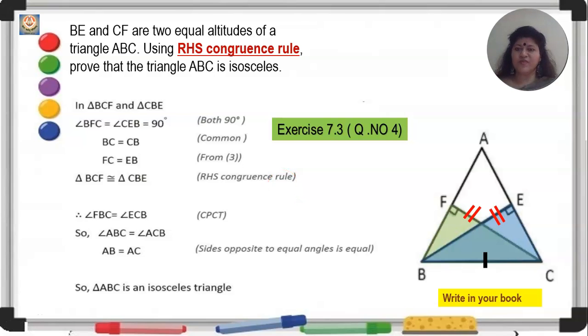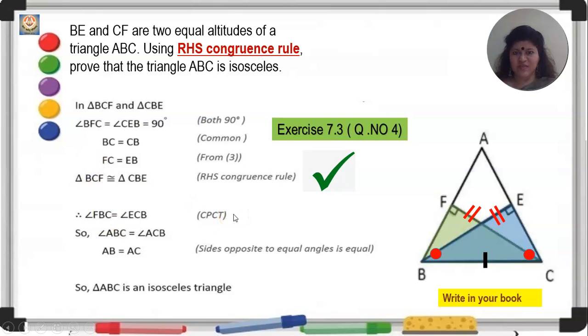Now, in order to prove that triangle ABC is an isosceles triangle, we need one CPCT. So, the CPCT that we get out here is angle B is congruent to angle C. That is angle FBC will be congruent to angle ECB, right?